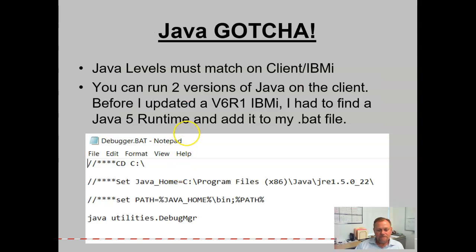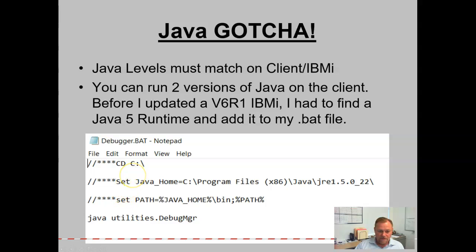There's a Java gotcha. Your client and the IBM must be on the same Java levels. At one time I was running a backdated IBM running 6.1 and I had Java 5. My client had Java 7, so I had to go on the internet and find a Java 5 runtime, download it, install it, and then change my bat file to launch Java 5 when my debugger starts.